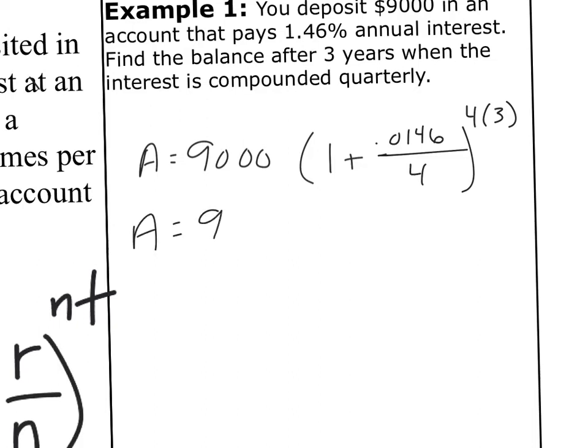So I've got 9,000. Now I'm going to do 0.0146 divided by 4 first. Now I'm going to add 1, and now I have 1.00365 raised to the 12th power. So now let's raise this to the 12th power. One second, got to open up my calculator.